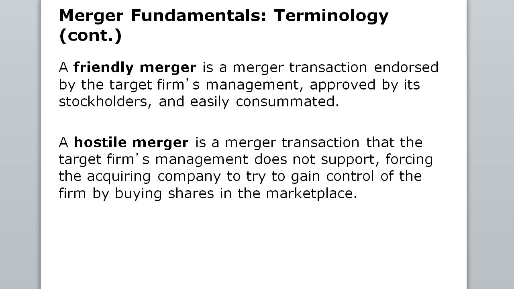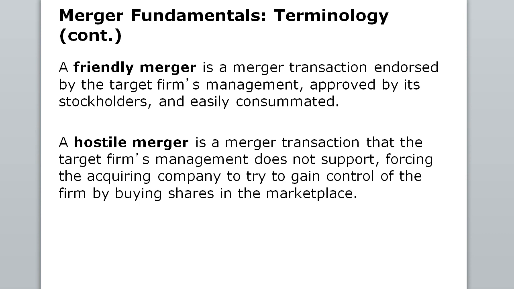So you have two basic types of mergers. You have a friendly merger and a hostile merger. So a friendly merger is a merger endorsed by both companies, and the target firm is in agreement and approved by its stockholders, and it's easily consummated.